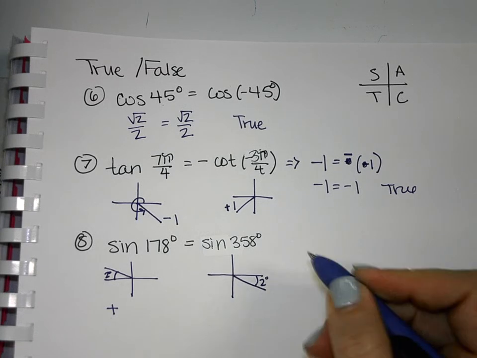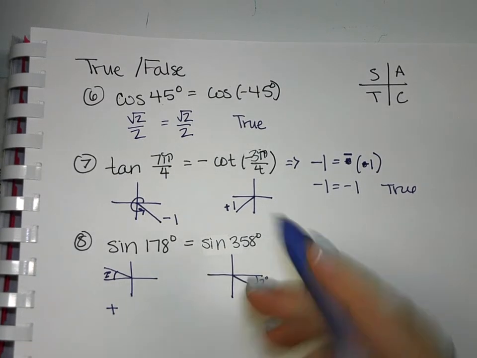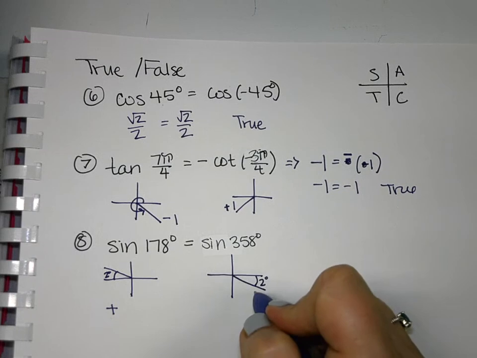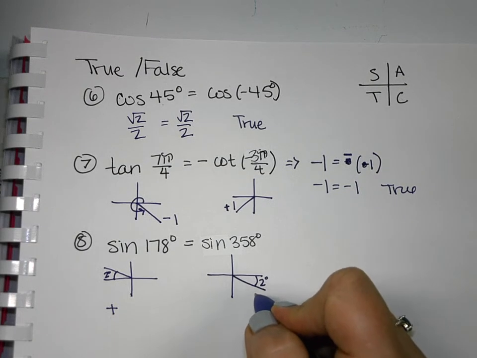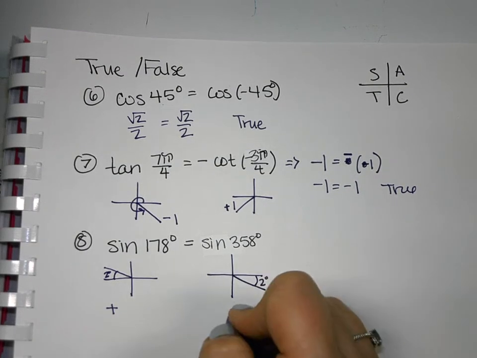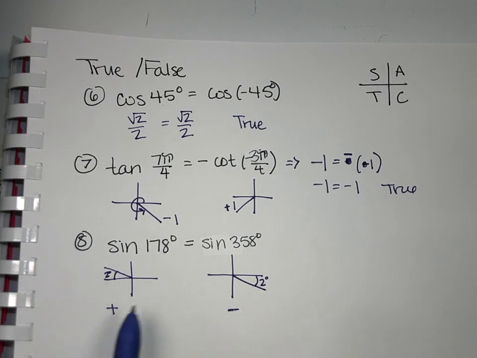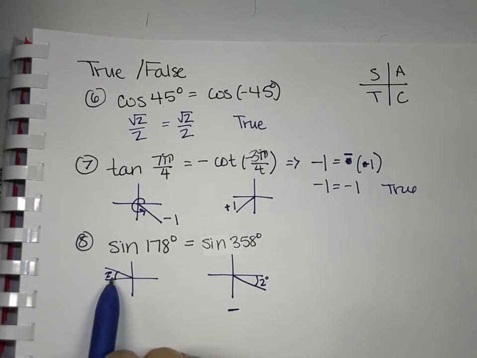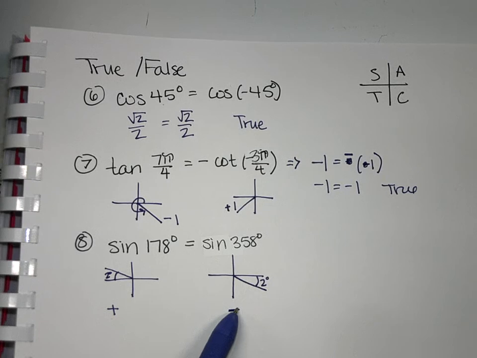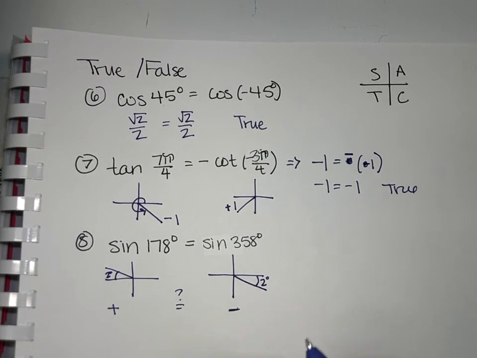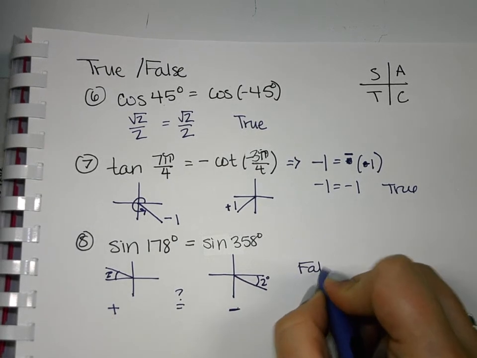So we have the same reference angle, so far it looks okay. But what's the sign of sines in this quadrant? These are negative. If we get a positive outcome here and a negative outcome here, can we say they're equal? The answer is no, so this is false.